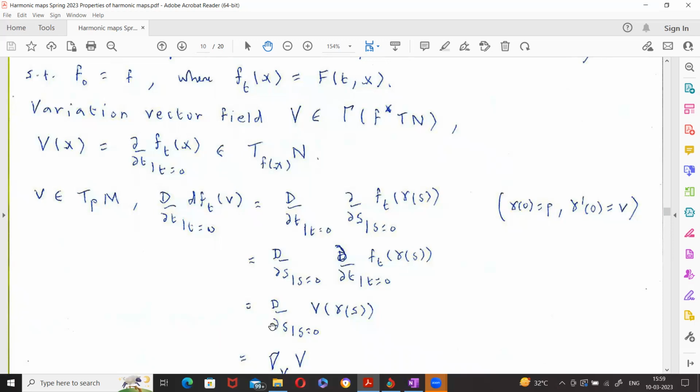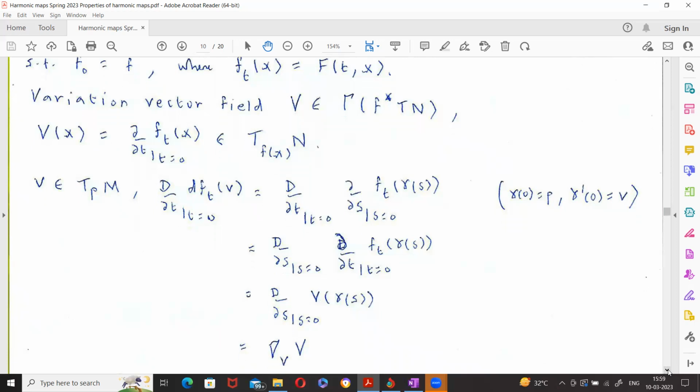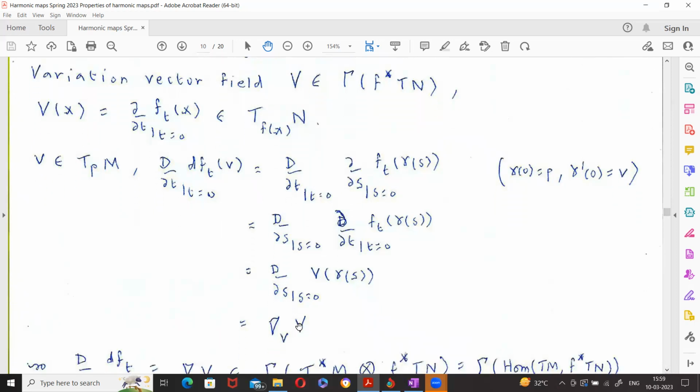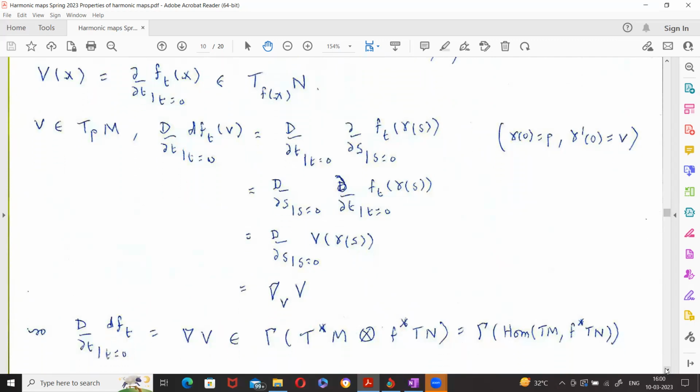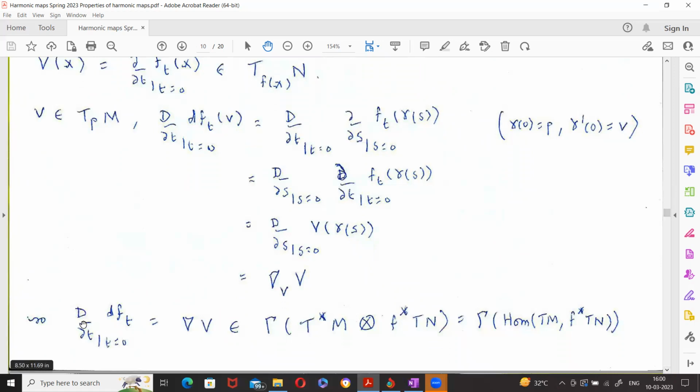When I'm taking the covariant derivative D/ds of V(gamma(s)), this is going to be nabla_v of V. So if I take the covariant derivative of these differentials df_t, what I get is the section nabla V of the bundle T*M tensor f*TN. Okay, so let me stop this session and start a new one just for 5 minutes.